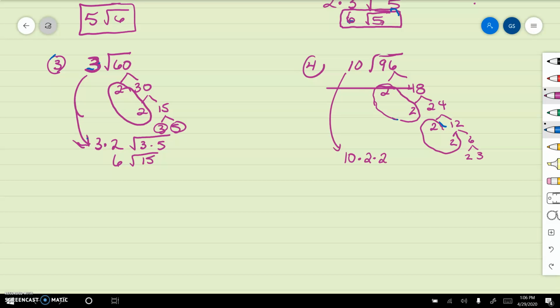Each pair of 2s gets a 2 on the outside. What's left over goes on the inside, and what's left over is 2 times 3. So what you get is 10 times 2 is 20, times 2 is 40, and then radical 2 times 3 is 6. And that is your answer.